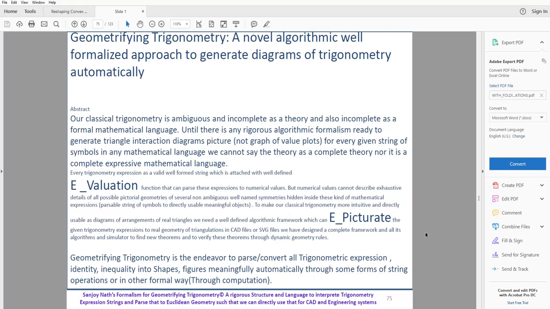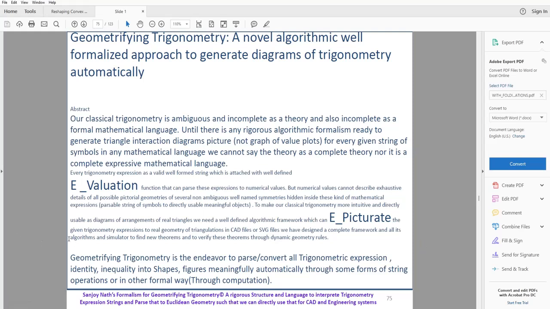It generates all possible pictures from the given trigonometry expressions, as real geometry of triangulations in CAD files in true scale, SVG files in true scale, or CNC files which we can directly cut in machines. Until we are getting these kinds of outputs, it is abstract, not reality.